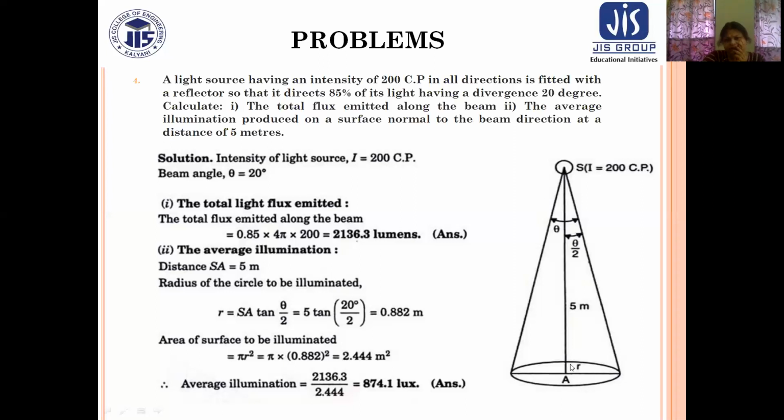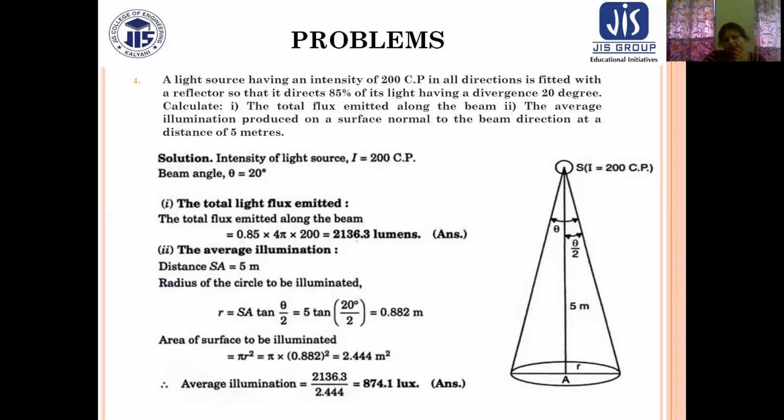So SA is given in the question as 5 meter. So we put here 5 into tan theta, that means 20 degree by 2, that is equal to 0.882 meter. So we get the radius as 0.882 meter.